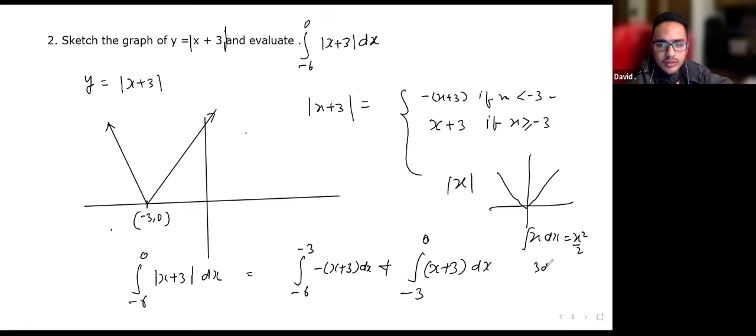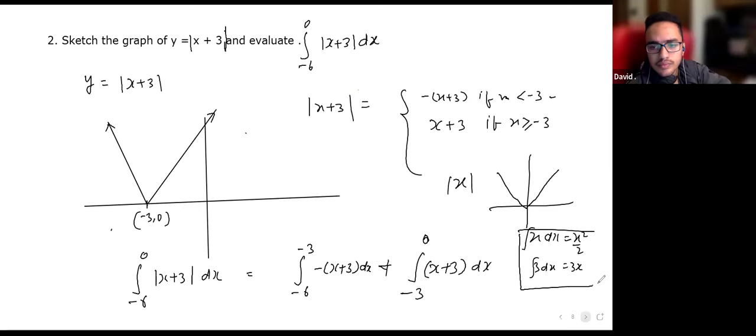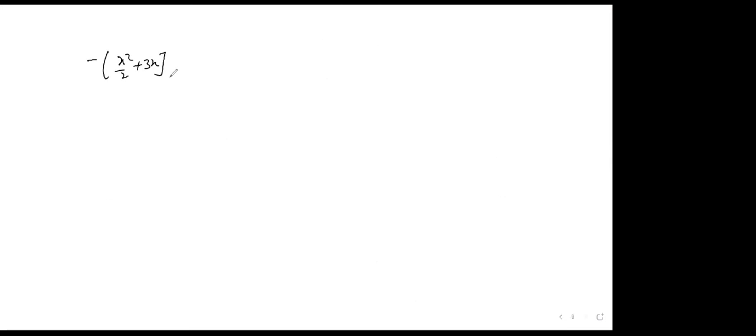And the limit is from -6 to -3. Plus, again we have the same thing, x square over 2 plus 3x, but this time the limit is from -3 to 0.